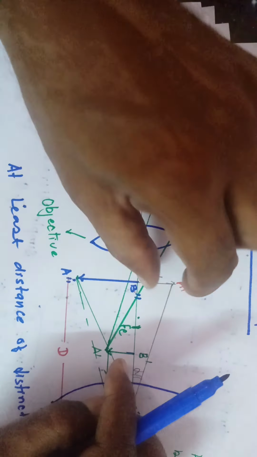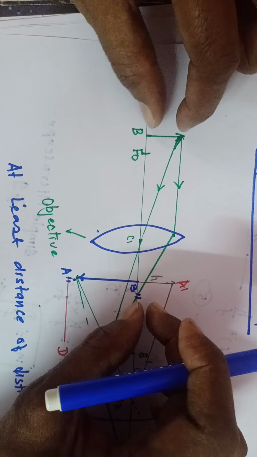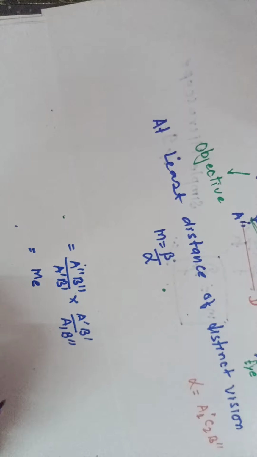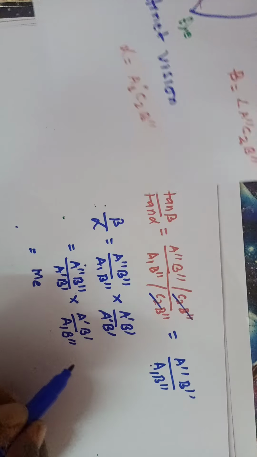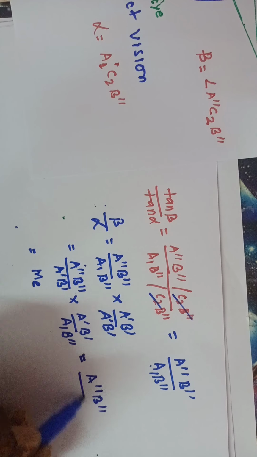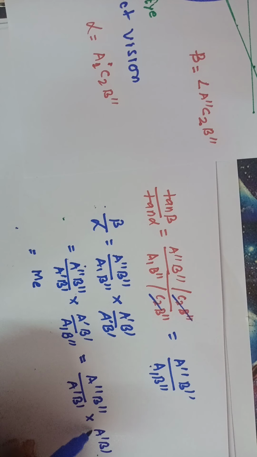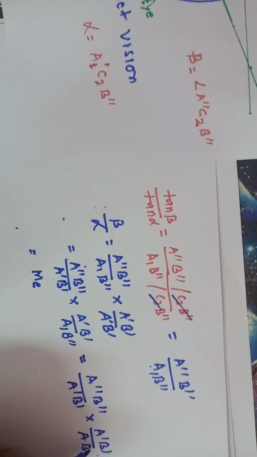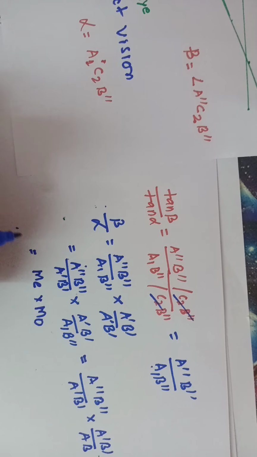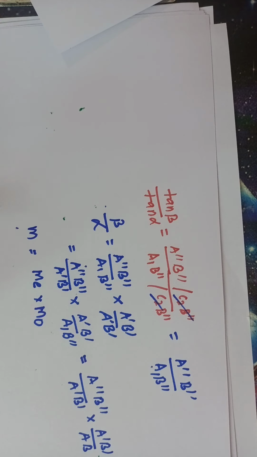Since AB is equal to A1 B double dash, we can replace A1 B double dash with AB. So in the next step, first of all, A double dash B double dash upon A dash B dash into A dash B dash upon AB. This is Me and this is Mo, so Mo into Me.